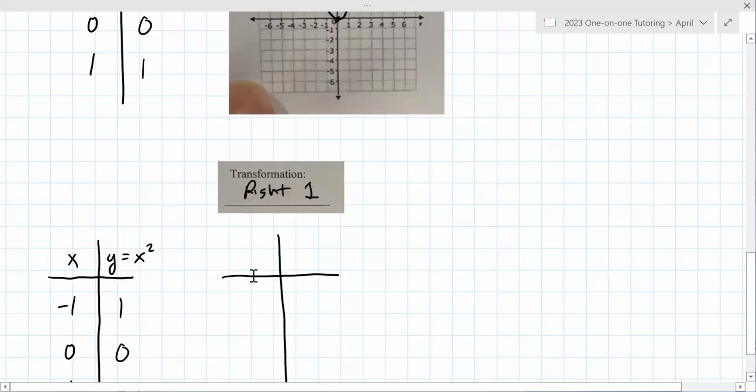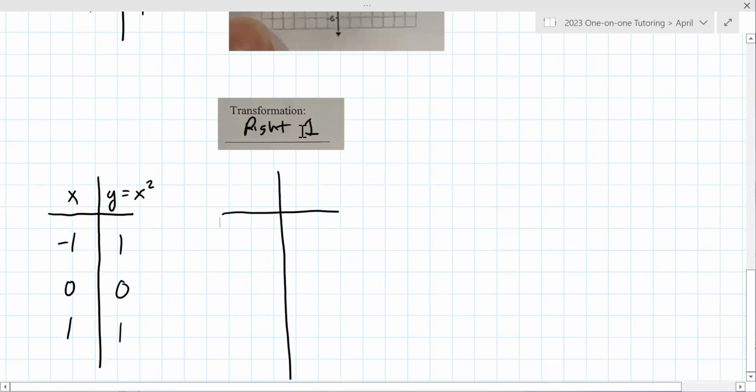Okay. So right 1 affects the x value. The x value, you add 1 to it.